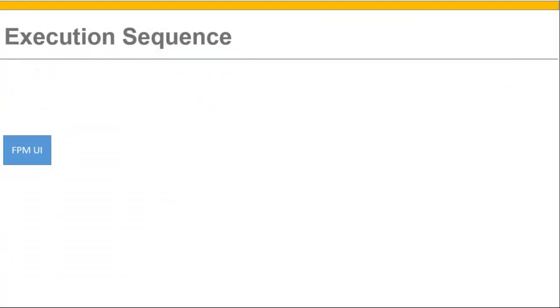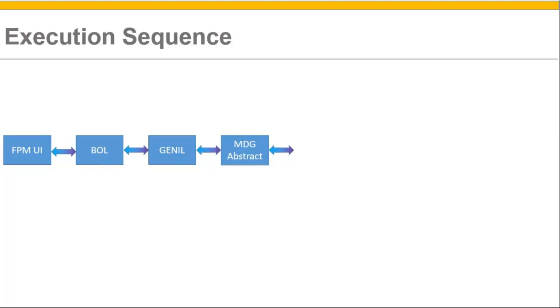So in this execution sequence, we discussed FPM UI will talk with BOL, will talk with Genil, and Genil will call the MDG abstract layer.